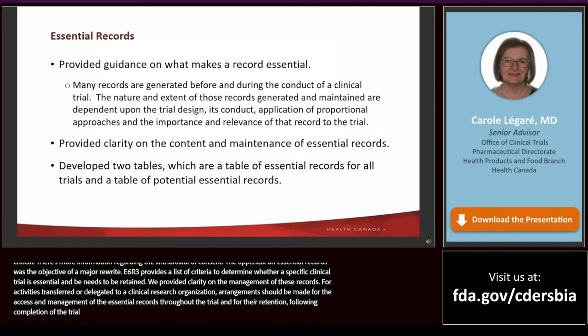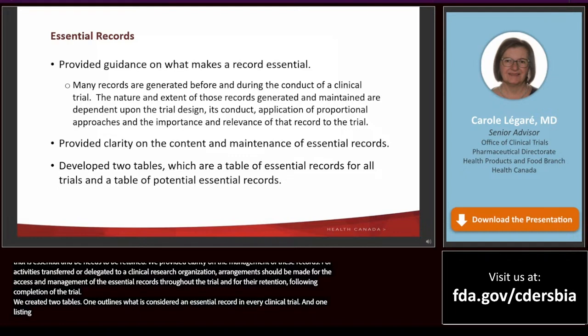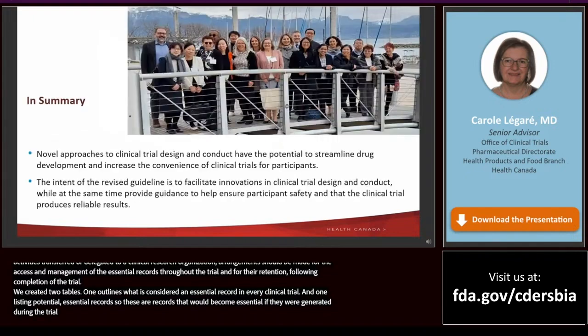We created two tables, one outlining what will be considered an essential record in every clinical trial, and one listing potential essential records. So these are records that would become essential if they were generated during the trial.